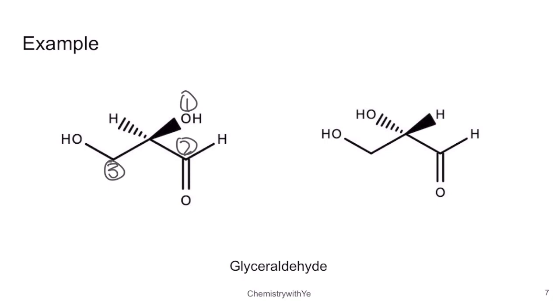Because the hydrogen is bonded by a dash bond, we would not need to inverse the orientation. So this has a clockwise configuration representative of the R enantiomer.